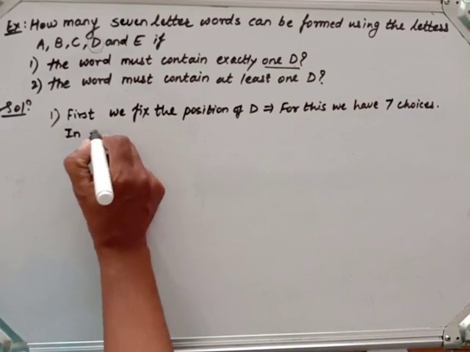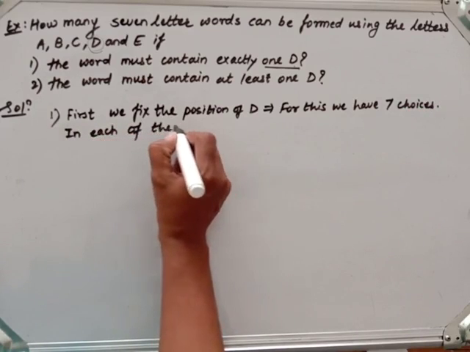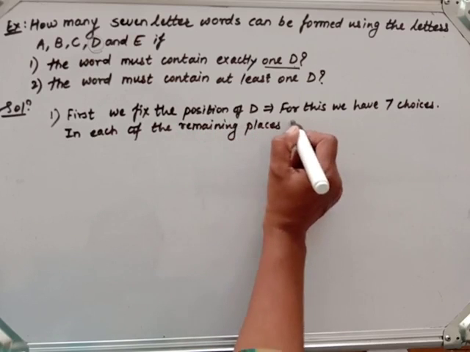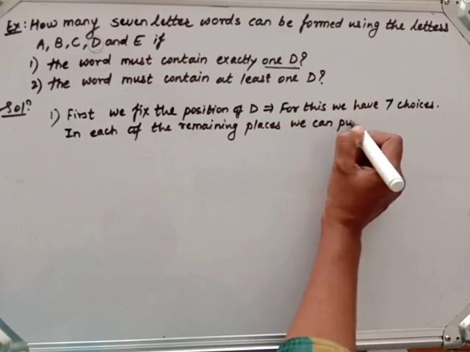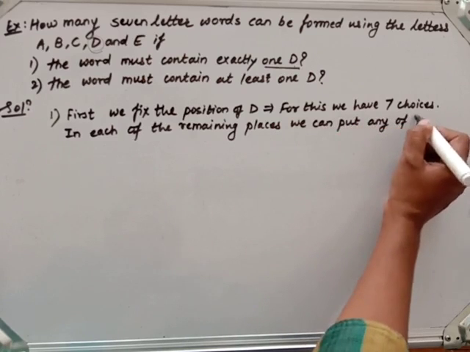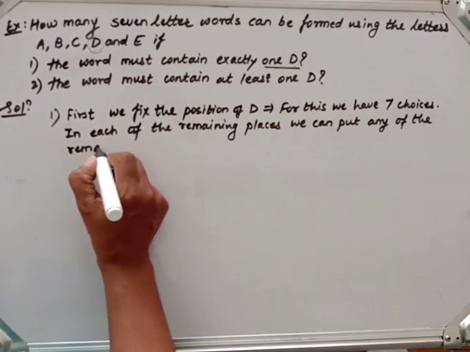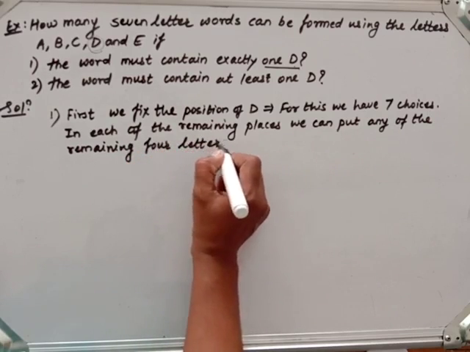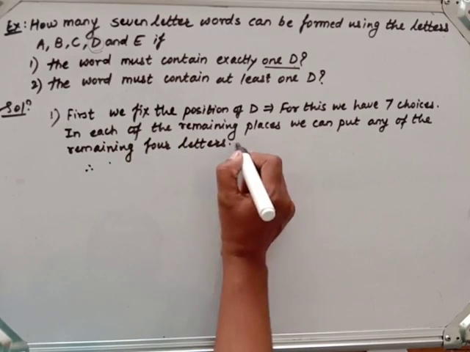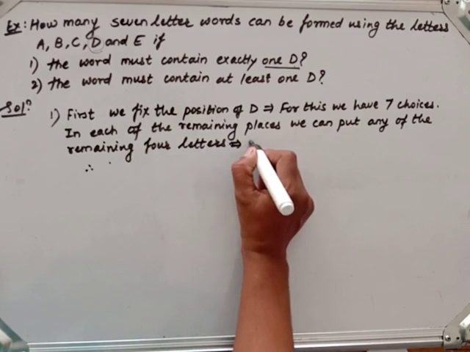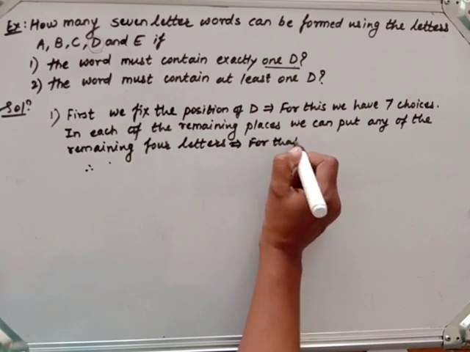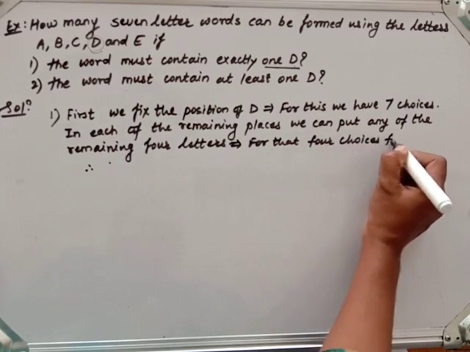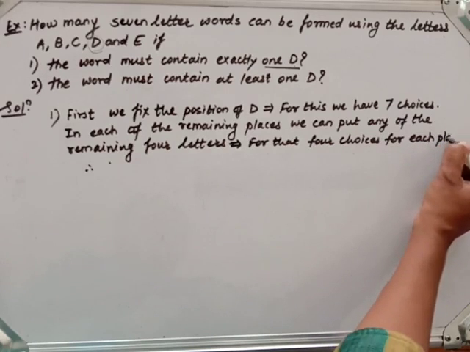And in each of the remaining places we can put any one of the remaining 4 letters, and that has how many choices? 4 choices for each place.